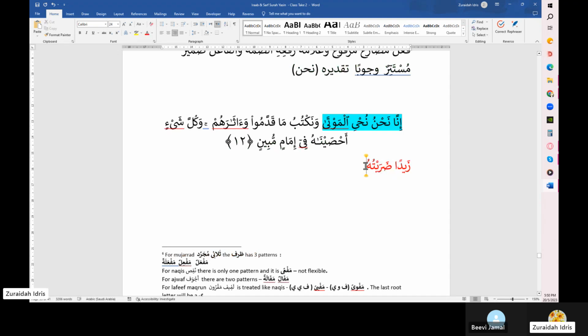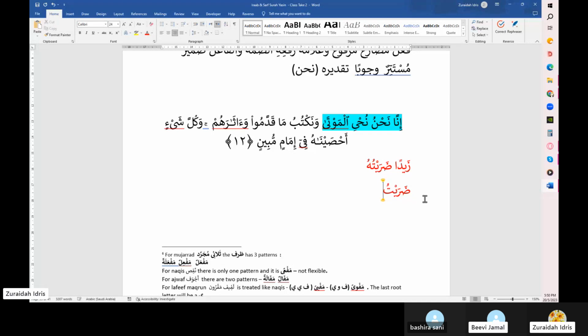So what did the grammarians do when they saw something like this? They said, okay, let's see it this way. We know it's about hitting, so let's solve this by saying that there is an implied darabtu in front of Zaidan. Then it becomes something like emphasis. This is done in the Quran in a number of places, so we need to be aware of this.